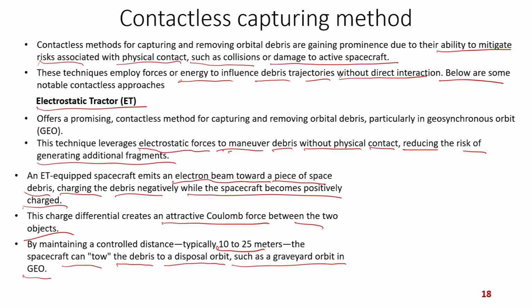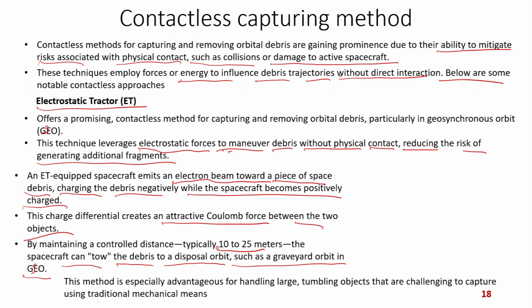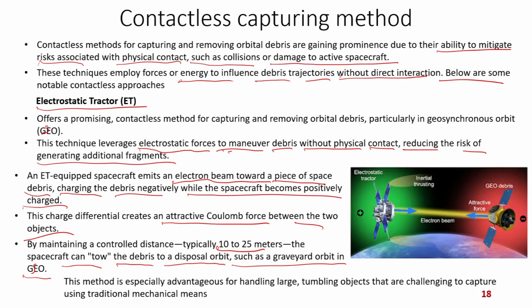This method is especially advantageous for handling large and tumbling objects that are challenging to capture using traditional mechanical means. This shows how these two spacecraft are, one is the positively charged chaser spacecraft, the other one is negatively charged. So, there is a force of attraction, and this way it can take the debris to a higher orbit and park it there.